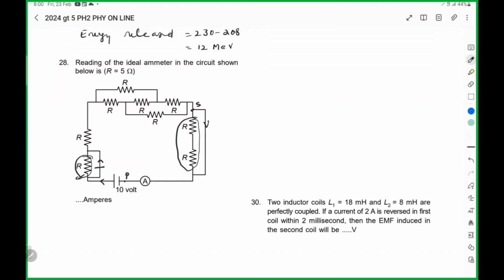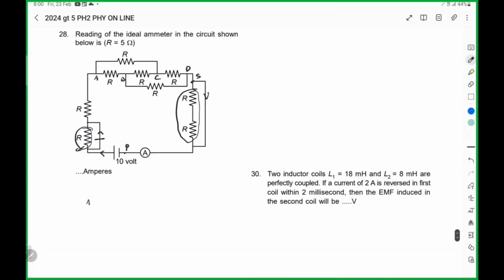So let us calculate effective resistance between these points. Here between A and B, there is one resistance. Between A and C, there is another resistance.